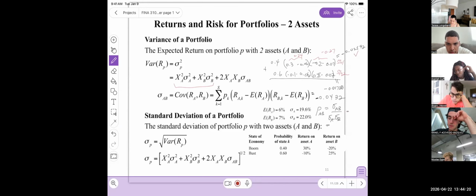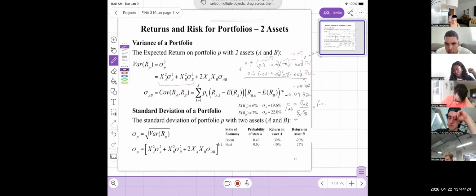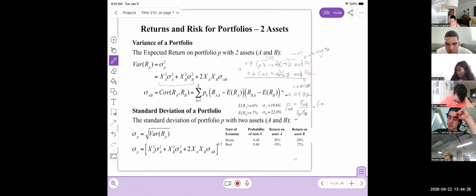Actually, I'll put it here. So this is negative 0.0432. And A is 0.196 and B is 0.22 that I have right here. And when I put it all together, what do I get?